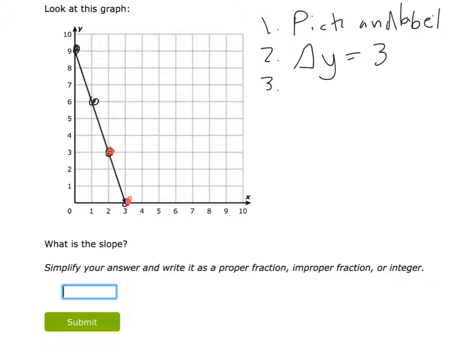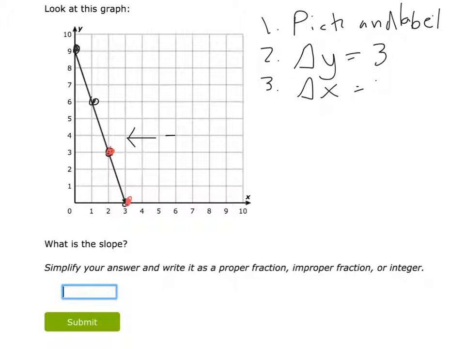Step 3 is going to be change in x equals, we don't know. I'm going to find that. Change in x is going to be 1, 2, 3 over to the left 1. Now, because I have to go left, it has to be negative.